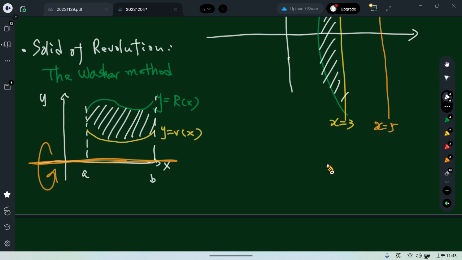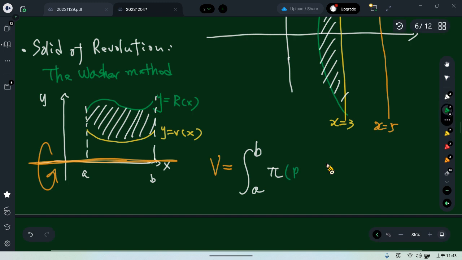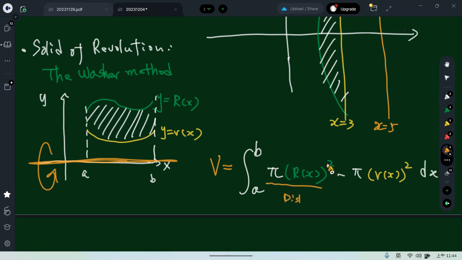So the V we can get is equal to the integral from a to b of pi big R of x squared minus pi small r of x squared dx. So you can see, we just use this method.